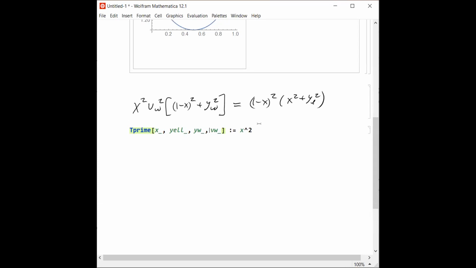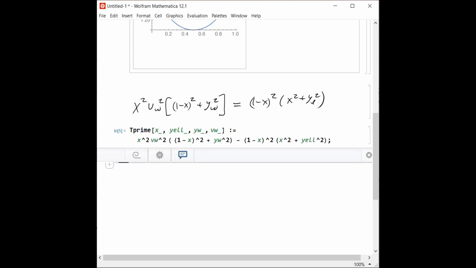So it'd be x squared VW squared minus x squared plus YW squared. So please make sure I'm not making any mistakes. Minus 1 minus x squared plus YL squared. Correctly?